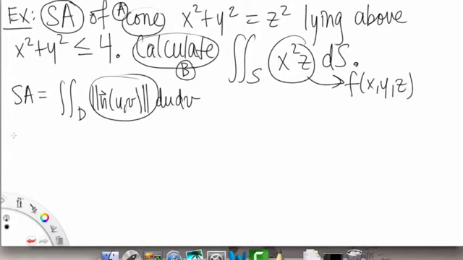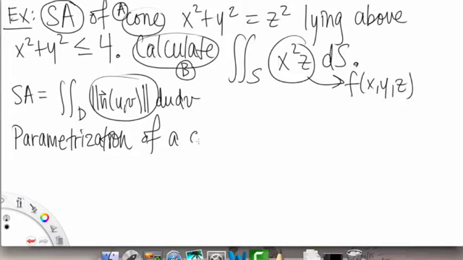But first of all, we have to have a parameterization of a cone. It's going to be similar to a cylinder, since they all involve circles in some way.